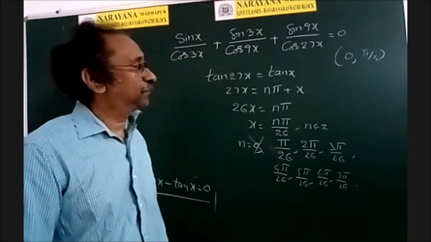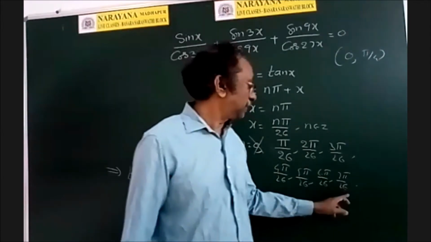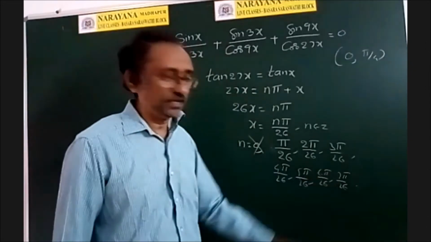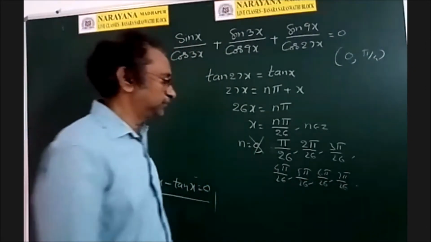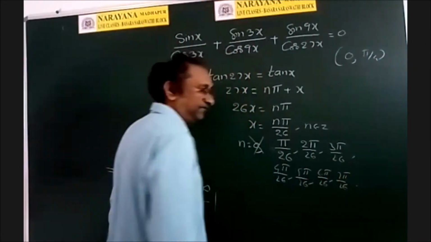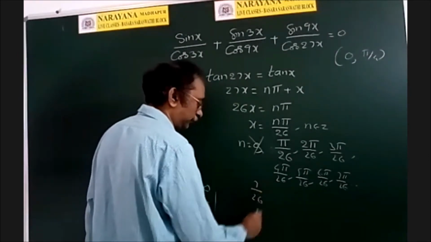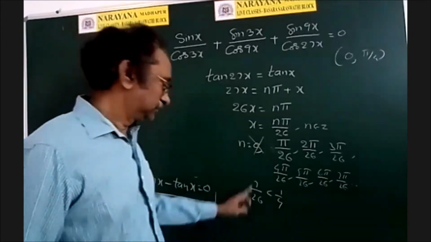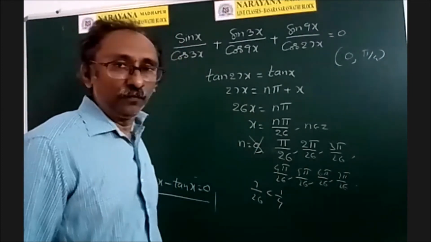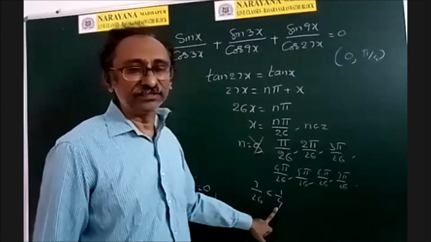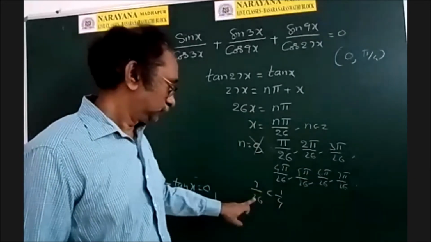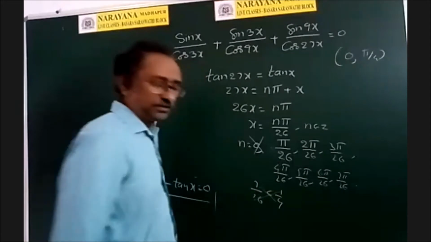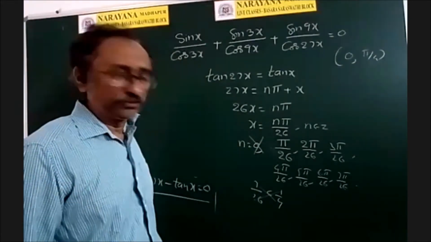Up to which number we have to write? This number must be less than pi by 4. So observe whether this is less than pi by 4 or not. 7 by 26 less than 1 by 4? So 1 by 4 means 0.25. Or you can do like this, cross multiply. So the inequality should prevail.